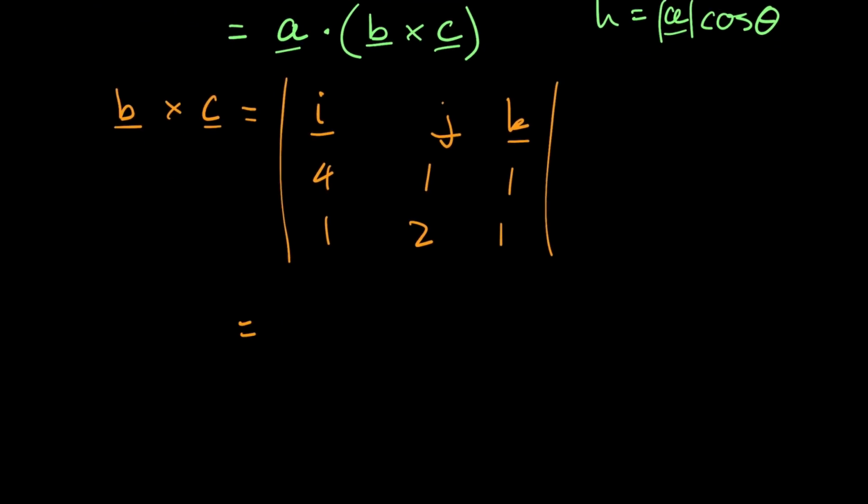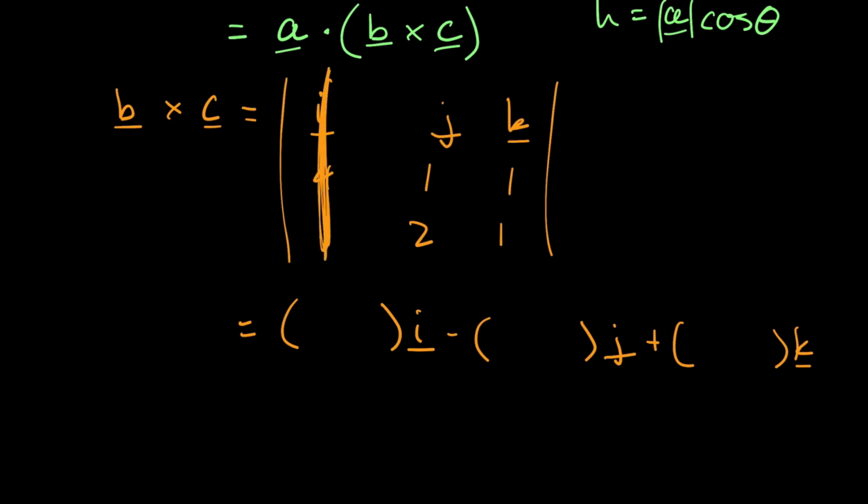So this equals something times the unit vector i, minus something times the unit vector j, plus something times the unit vector k. For the something for the unit vector i, we take out this row and this column, and then we say 1 times 1, which is equal to 1, minus 1 times 2, which is equal to 2.